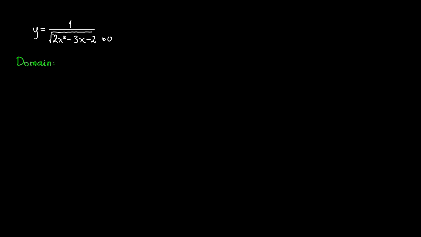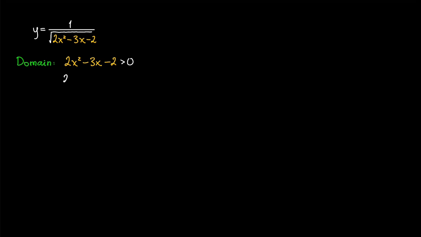However, since this square root is in the denominator of a fraction, we have to take away this equal sign because we cannot divide by 0. Hence, this means that 2x squared minus 3x minus 2 must be greater than 0. So now we're basically solving a quadratic inequality. You should know how to do this, but let's just walk it through.